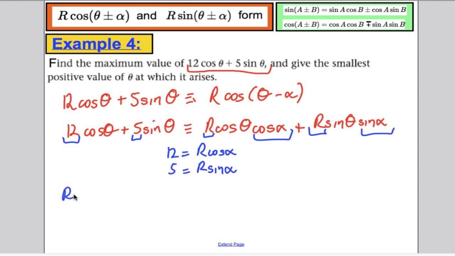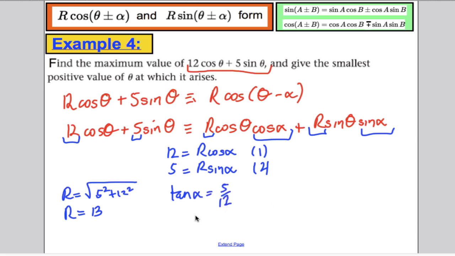Using the normal method, r is the square root of 5 squared plus 12 squared, so r would end up being 13, and you would divide these equations to get tan alpha is equal to 5 over 12. So alpha is the inverse tan of 5 over 12, and if you work that out, you get 22.6 degrees.